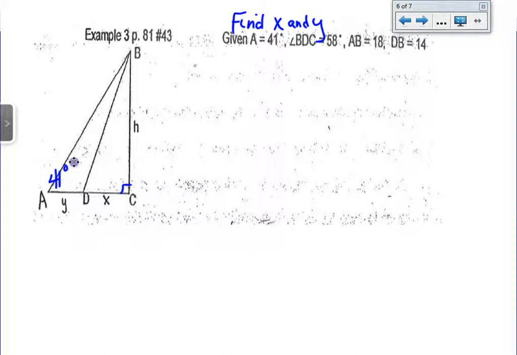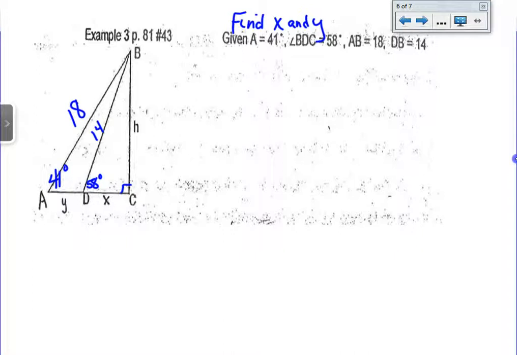And then BDC is 58 degrees. And let's see, AB is 18, and then DB is 14. So I'm seeing a larger right triangle and then a smaller right triangle. So we can use our trig functions on those triangles.